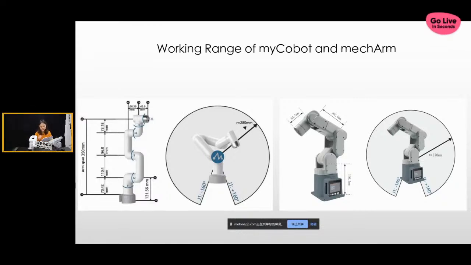So many people get collaborative robots to learn robotics knowledge for industrial use. That means if they want to go into industry, they will probably learn some robotics knowledge first. Before that, using relatively low-priced cobots is a better choice, because industrial robots are not affordable for individuals.